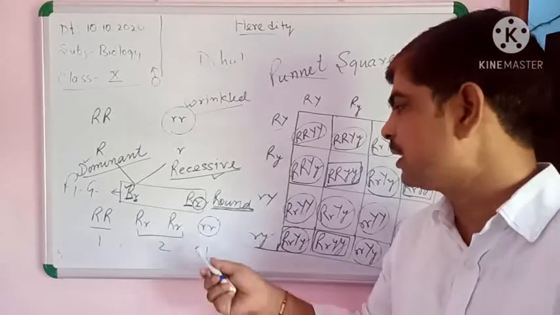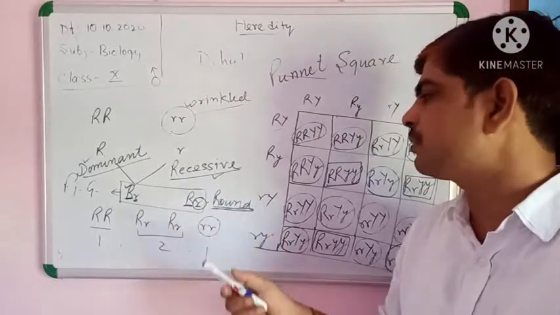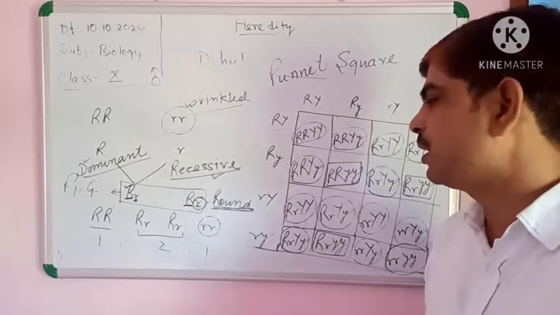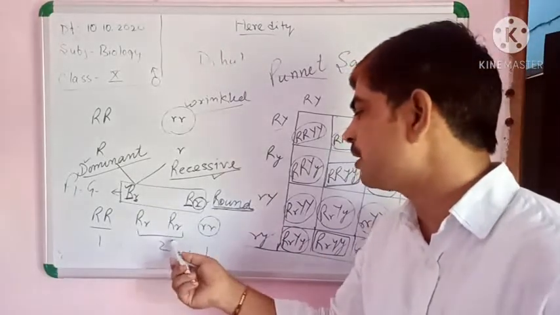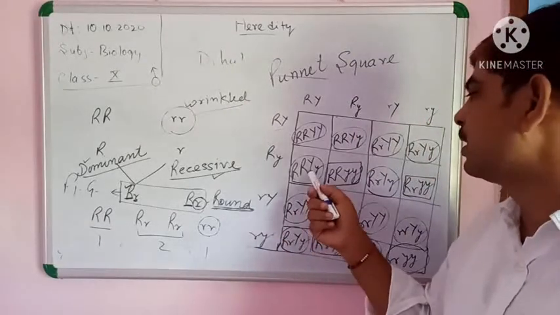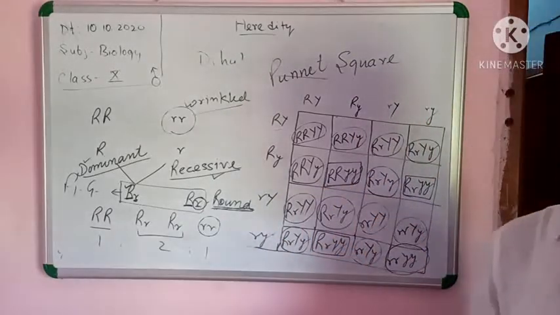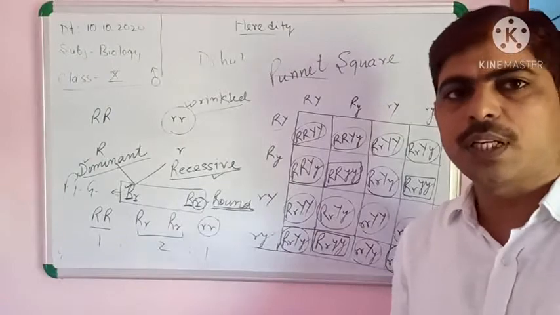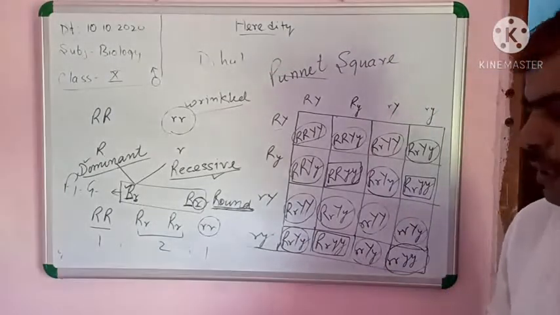This is the segregation because the characters in F2 generation are segregated independently from their combinations, and variations also occurred here. That is two types. Look here, the variations occurred here. Different types of combinations received by the offsprings.